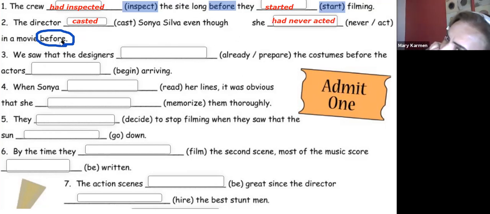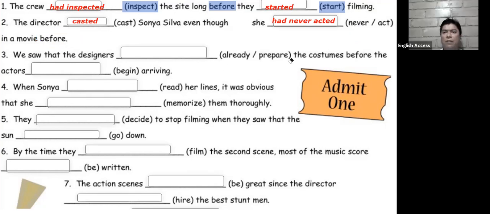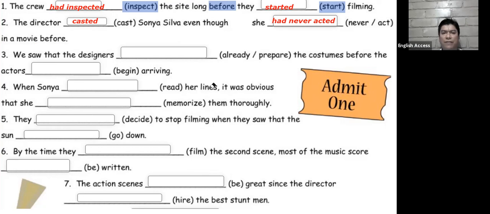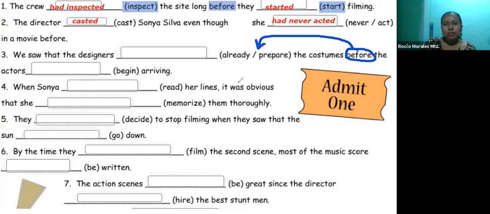All right, number three. We saw that the designers already prepared the costumes before the actors began arriving. So what is the other event? Once again, I have this little expression. The designers prepared the costumes.